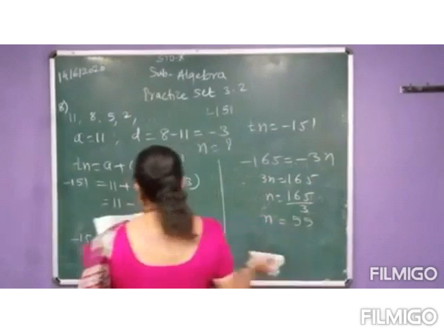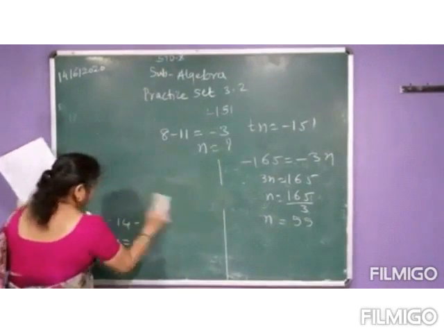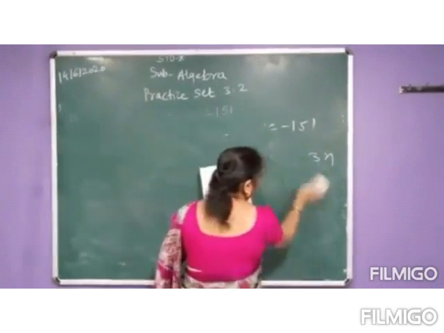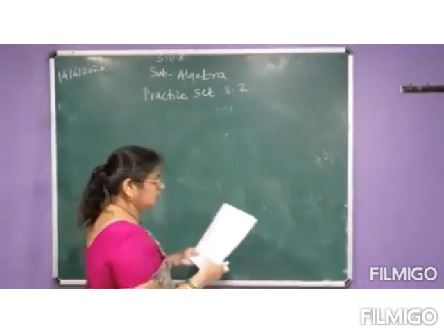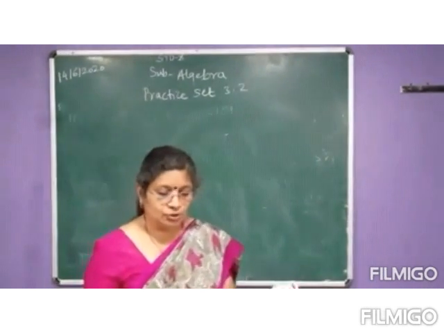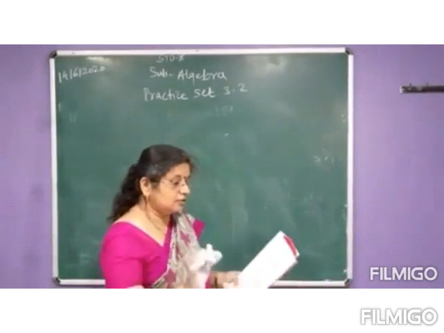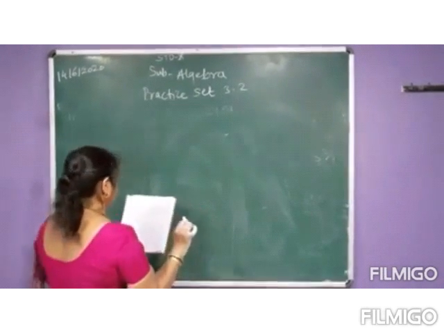Now we will go for the 9th example. Ninth one. How many natural numbers from 10 to 250 are divisible by 4?